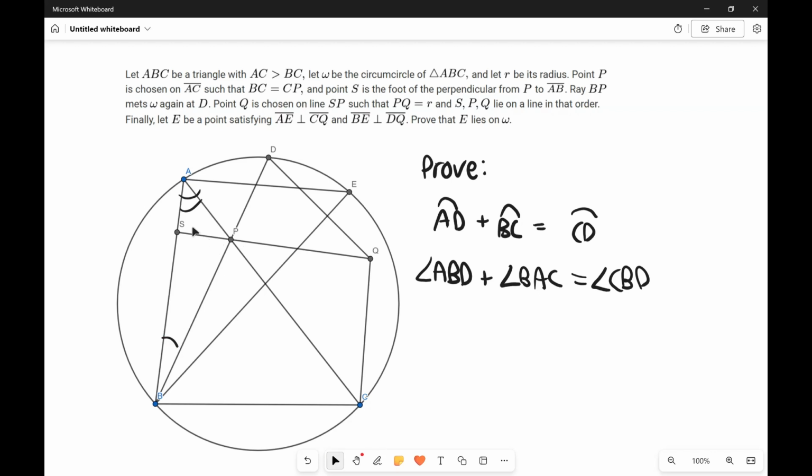So this angle plus this angle is equal to this angle. Now we just have to show that this angle here is equal to angle CBD, which is just this. However, now we use BC equals CP again, because BCP is an isosceles triangle. So that means that these two angles here are equal.